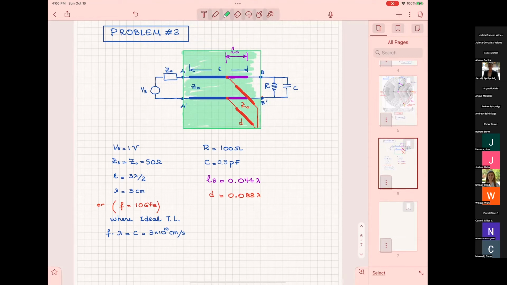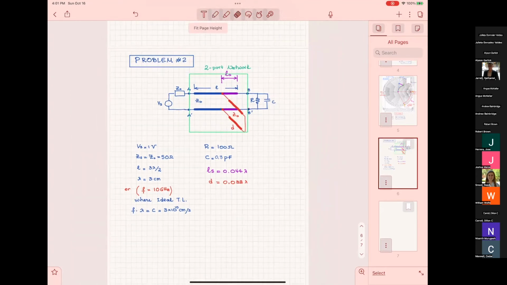Okay, let's assume that is this. And this is a 2-port network. This is a 2-port. Okay, since that looks horrible, I remove that.